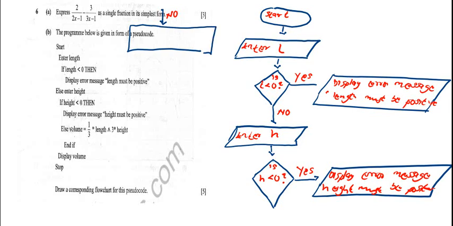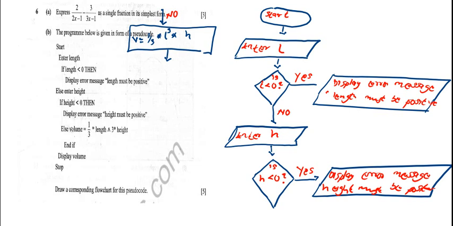So it will be volume is equal to 1 over 3 star length star, so length to the power 3, and then star height, and then we write it down here.